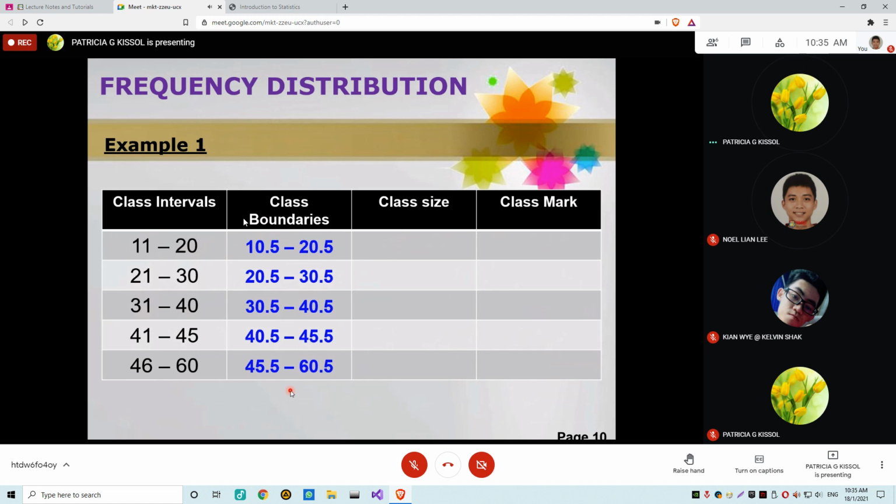Yes. Okay. Now the class size, you just minus. You can either use the class interval 20 minus 11, or you can use 20.5 minus 10.5. If you use 20 minus 11, it won't give you the correct answer because it will tell you 9, isn't it? So this one you need to be careful.